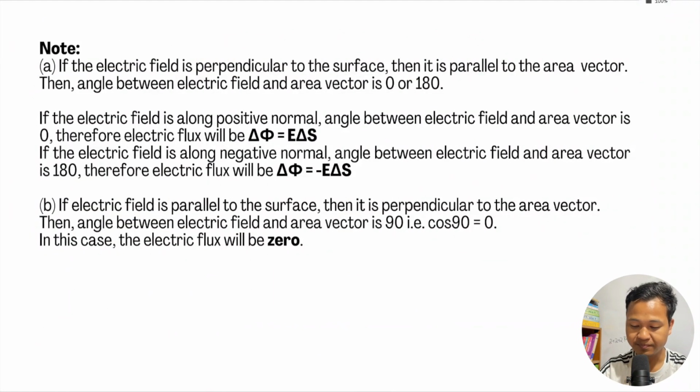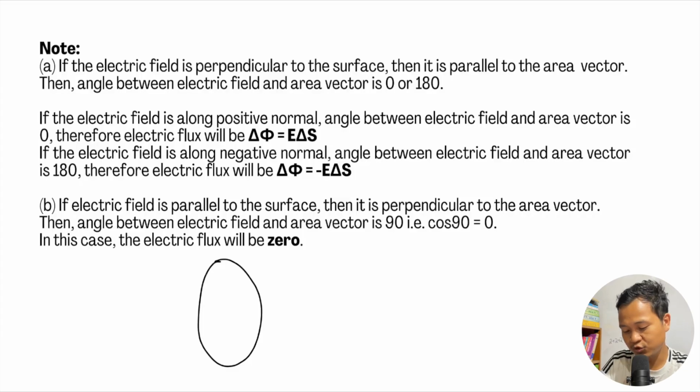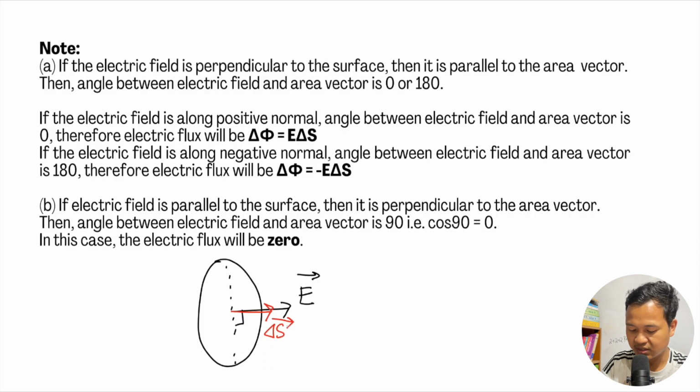Now for flux, suppose the electric field is perpendicular to the surface. For example, take a surface where the electric field is perpendicular to the surface. Then the direction of area will also be along the normal, so this is delta s.